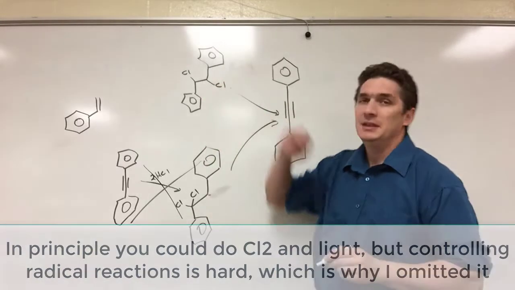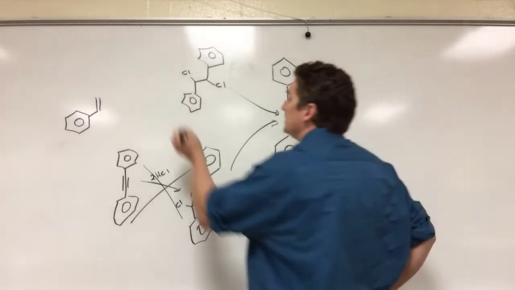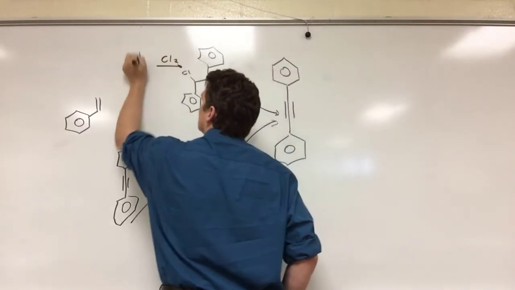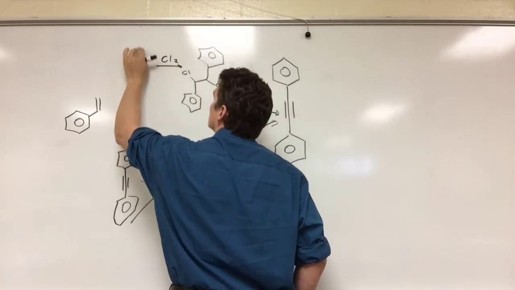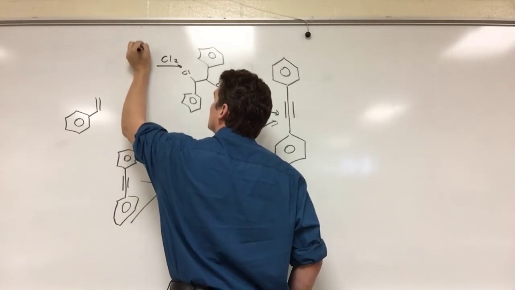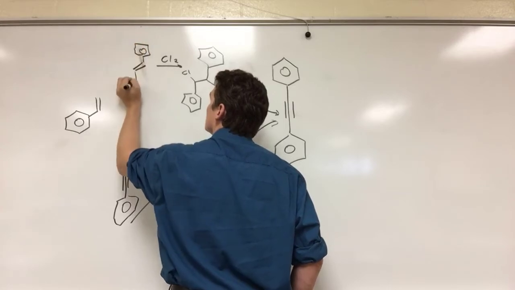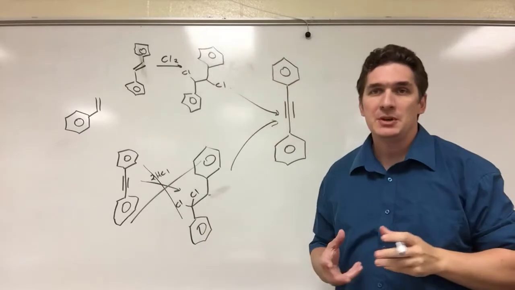Now, this we can accomplish by doing an X2, a Cl2 addition across a double bond. So if we just add the Cl2, we probably start with something like that.